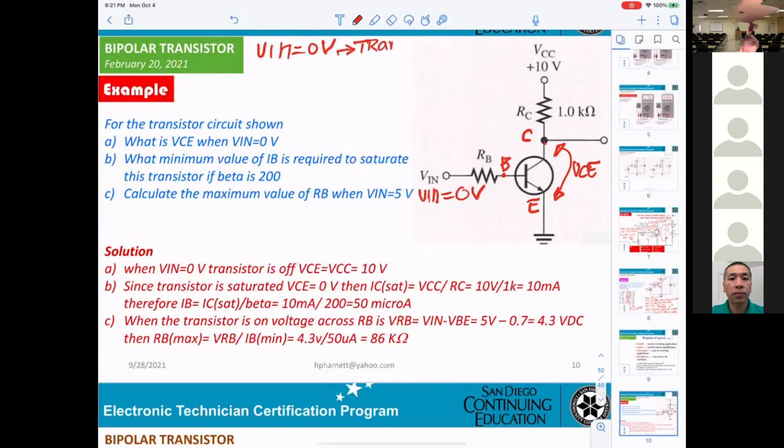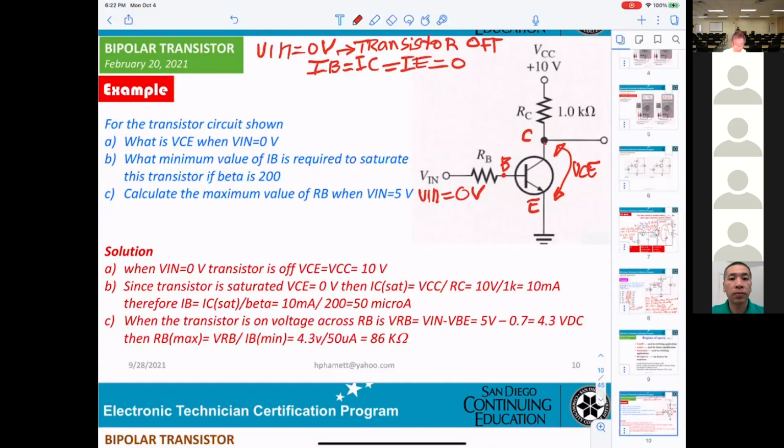Off. That will be telling you IB equals IC equals IE equals 0. Correct? No current, so the transistor is off.